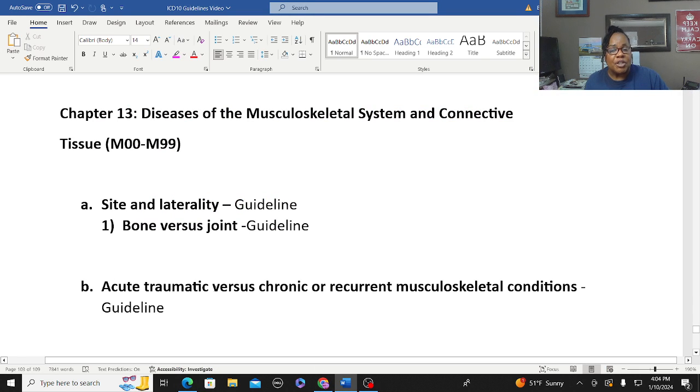All right, B, acute traumatic versus chronic or recurrent musculoskeletal conditions. A new, something that just happened, an acute traumatic condition, versus one that you've had for a while, or one that's come back again, a musculoskeletal condition. It says refer to the guideline.